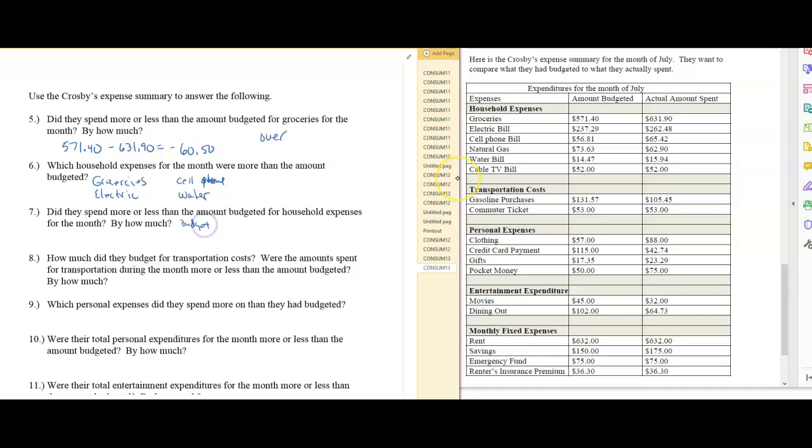So what we're going to do is take all of these amounts and add them up. 571.40 plus 237.29 plus 56.81. When you add those together, your budget for household expenses were $1,005.60. Now, how much did we spend?